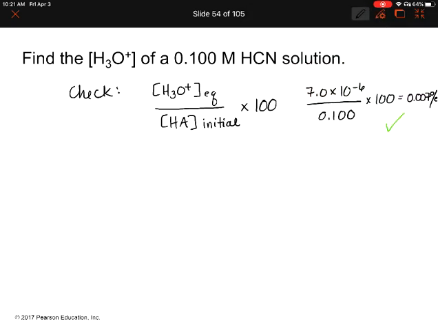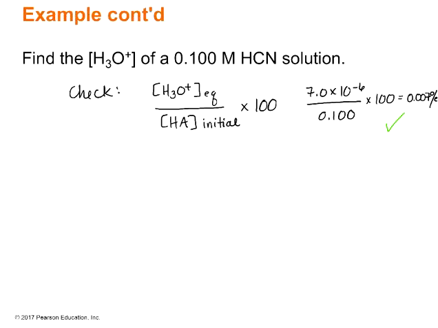Now, let's also check that our value of x makes sense for the Ka value. So let's try calculating Ka based on the value of x. So we said that Ka is equal to x squared over 0.1 minus x.